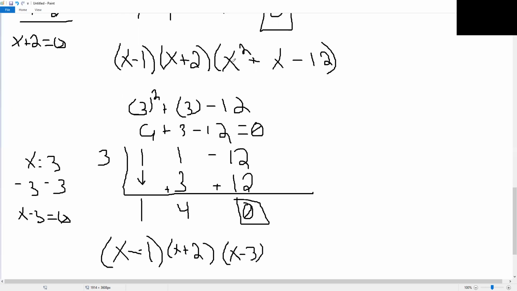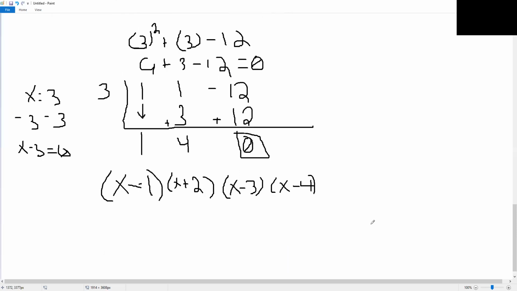And then we started with squared, so we're not going to start with squared now. We have an x, and then we have a 4, so minus 4. And that's as far as you can go.